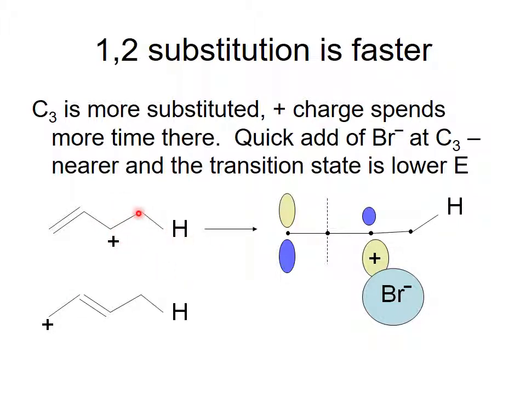When the proton adds, the bromide is hanging nearby because it doesn't like to lose track of that positive charge. It likes to stay nearby. And so it's very quick and easy for it to just go pew and add to this positive place. So that's a lower energy addition.